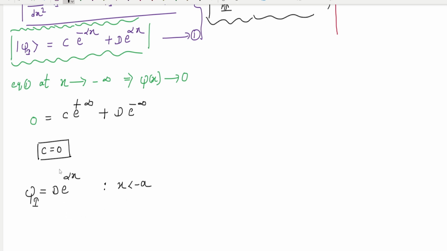I hope you understand the solution. Then similarly, you can solve this equation. For example, x tends to plus infinity. Then the wave function goes to 0. Then we can get here d is equal to 0. This is 0. Then c e power minus infinity plus d e power infinity. Then from this equation, we can get d equal to 0. Now you can put d is equal to 0 here. Then you can get one equation here.